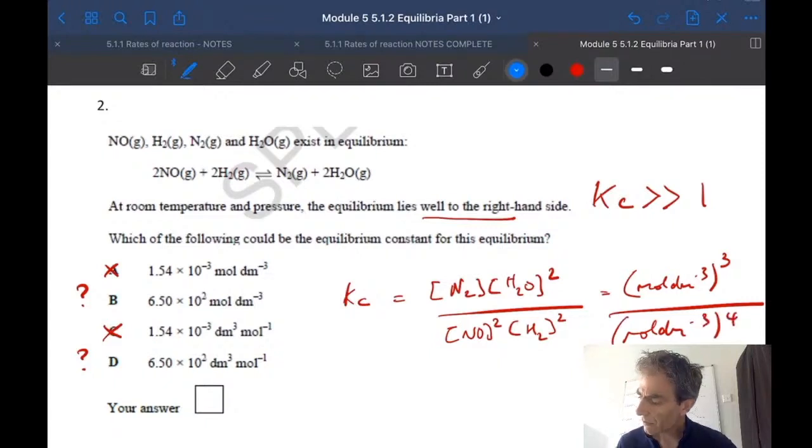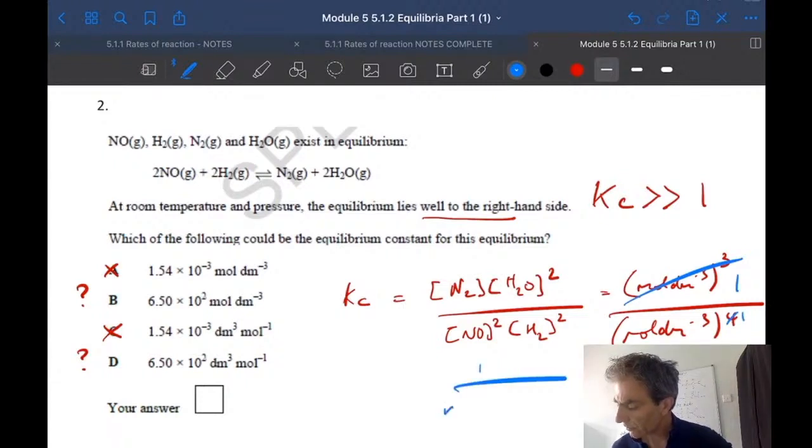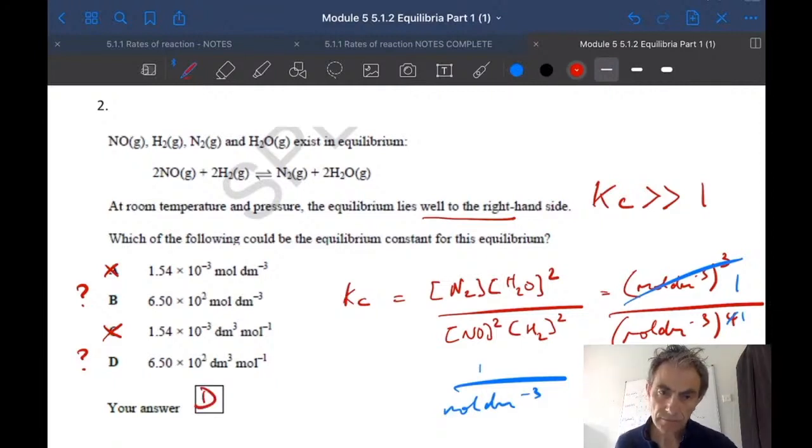That will simplify down to 1 over moles per decimeter cubed. So when you take that up to the top, it becomes mol to the minus 1 dm to the 3, and so it was D. After all of that, the answer was D. Okay, so that's why it was D.